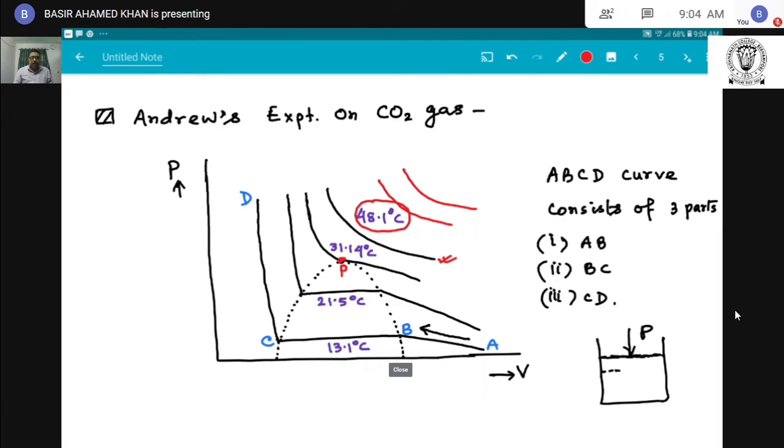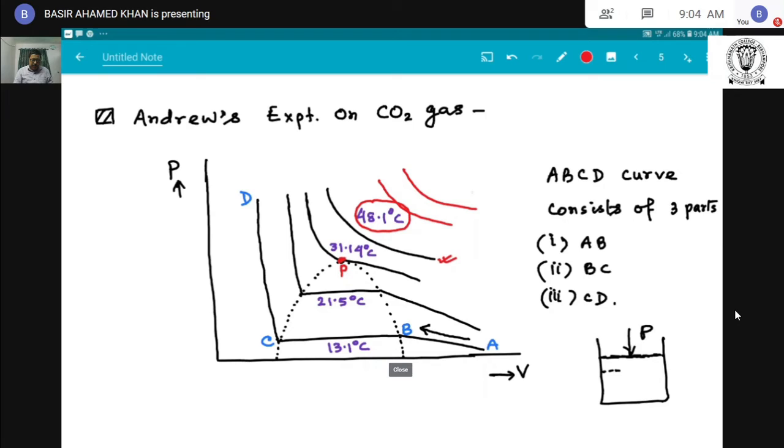That means for all the isothermals with temperature greater than 31.14 degrees centigrade, there is no horizontal portion, and as we increase the pressure, the volume decreases but no liquid is formed.